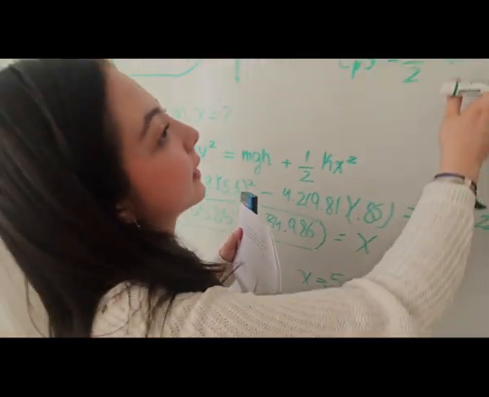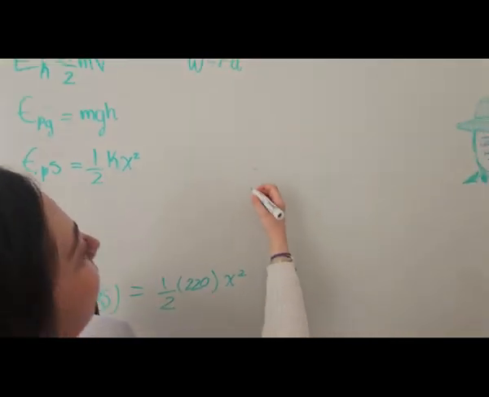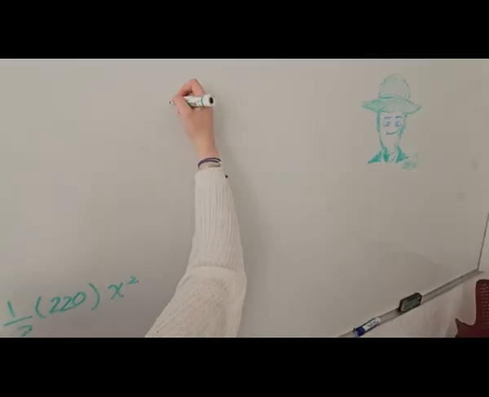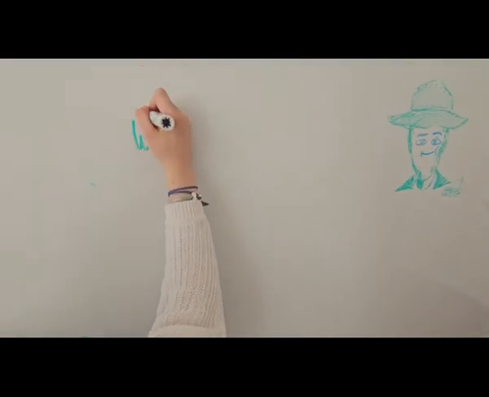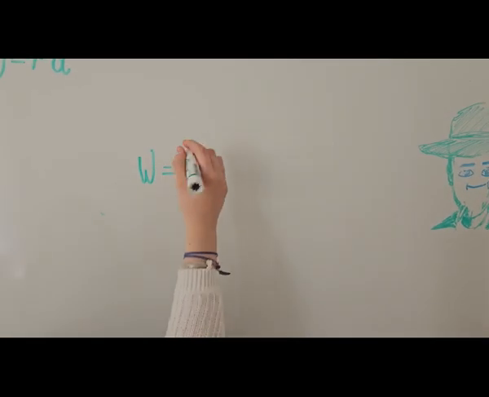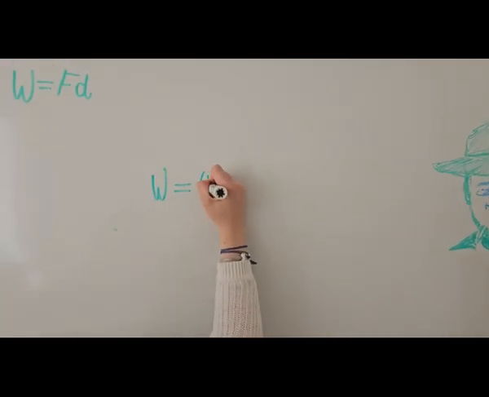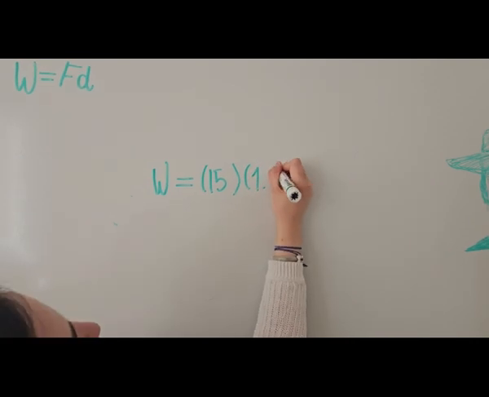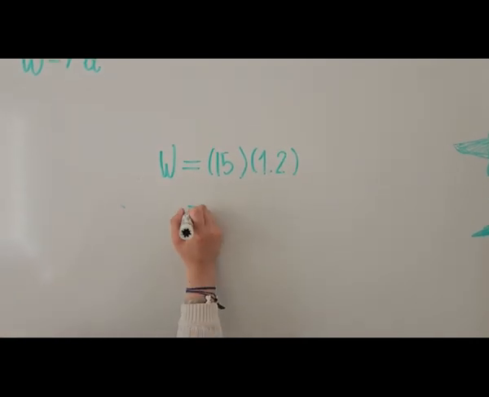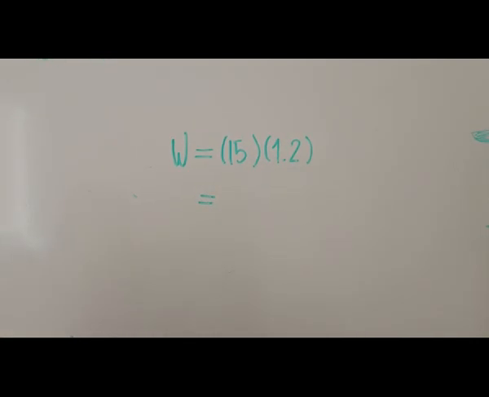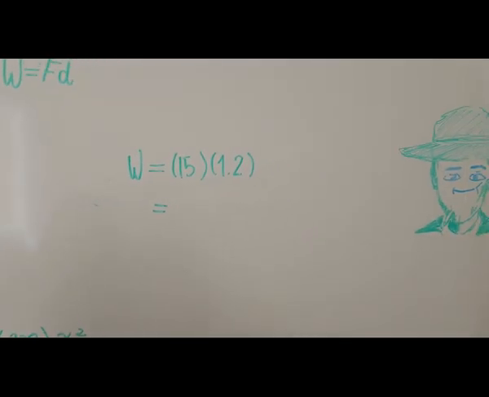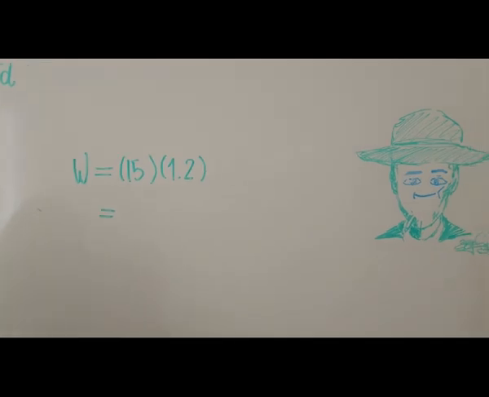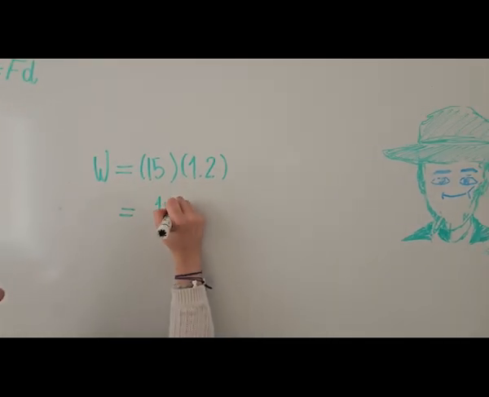So we're going to take this formula and calculate work done by friction, which will be 15 times 1.2. So this should be about 18.